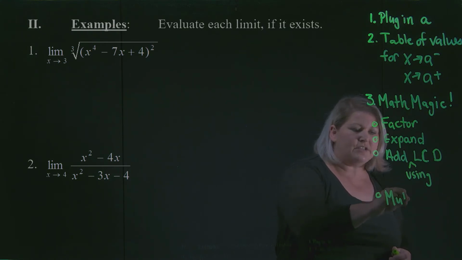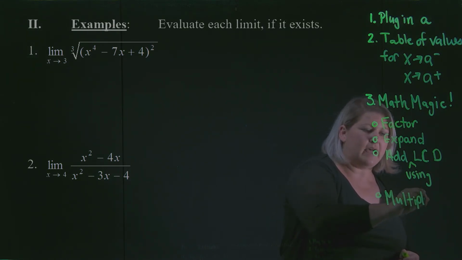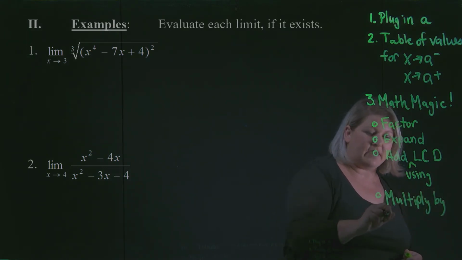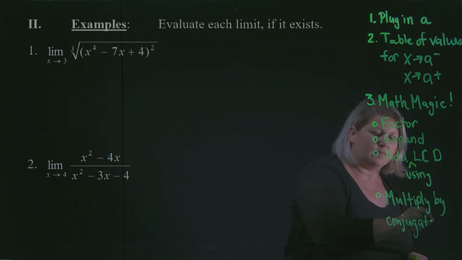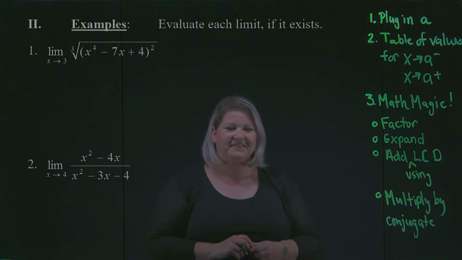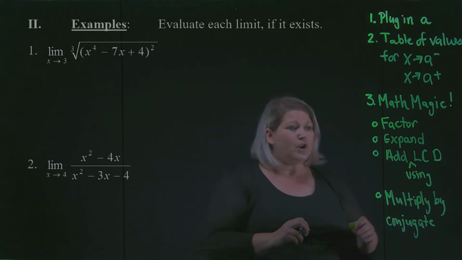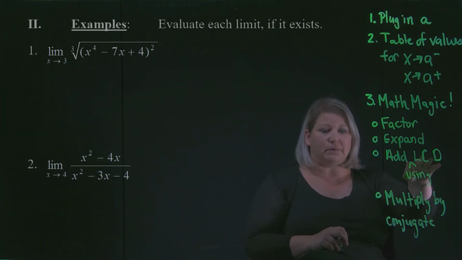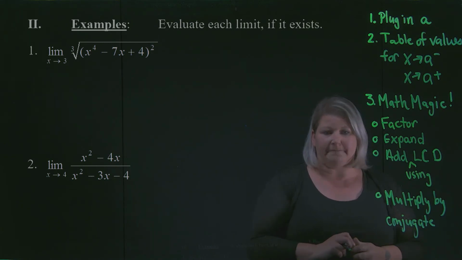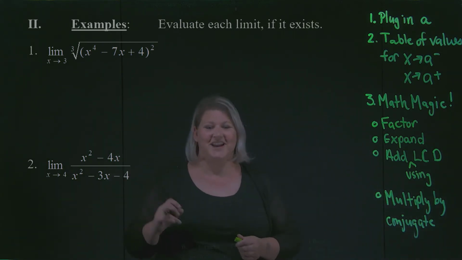You may need to do something funky like multiply by the conjugate. Okay. There's a couple things. Oh, you may also need to multiply by your LCD. It depends on what you got going on.